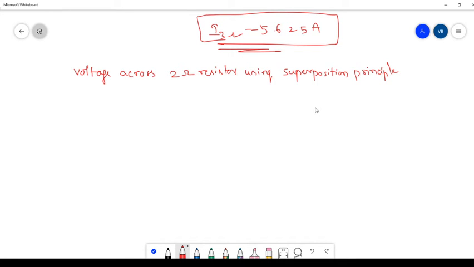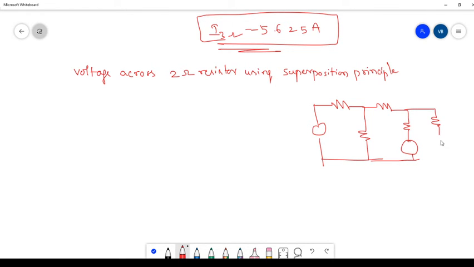So this is a circuit which has a 10 volts voltage source, a resistor, and then another resistor, all connected to ground. The bottom side is connected to ground.